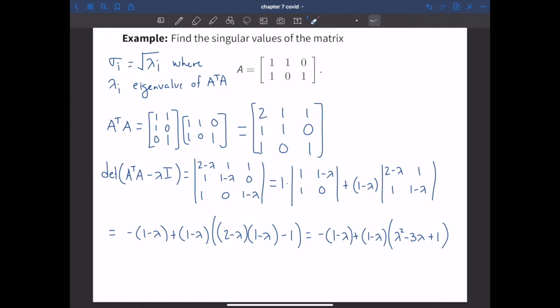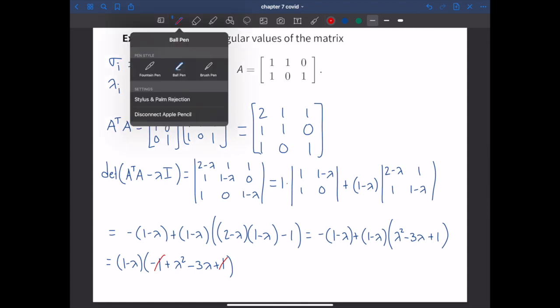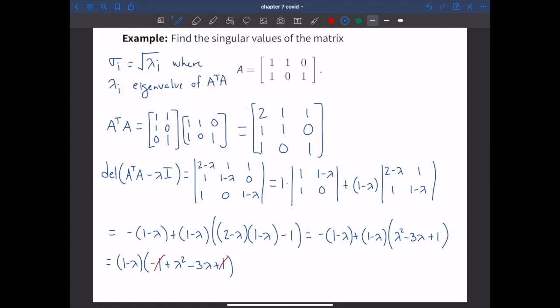Now we already have this factor here we can pull out, so let's pull it out. This gives us 1 minus lambda times minus 1 plus the rest. Then the 1 and the minus 1 will cancel, and we can pull out a lambda.